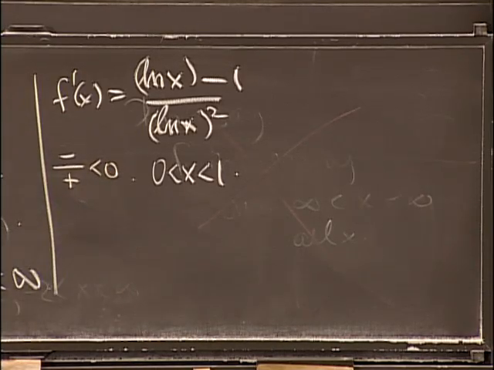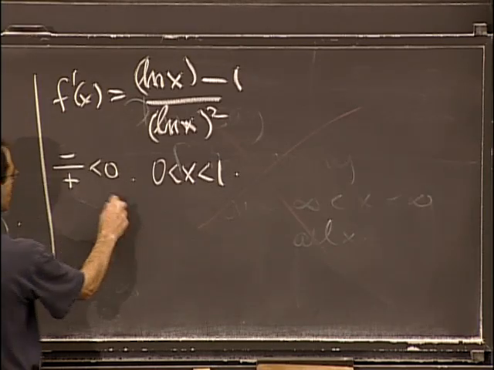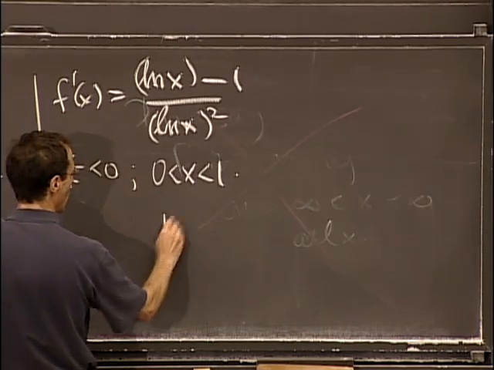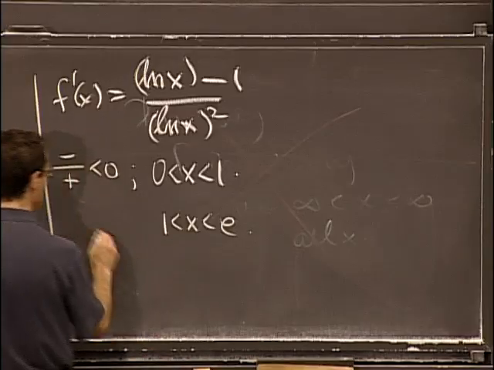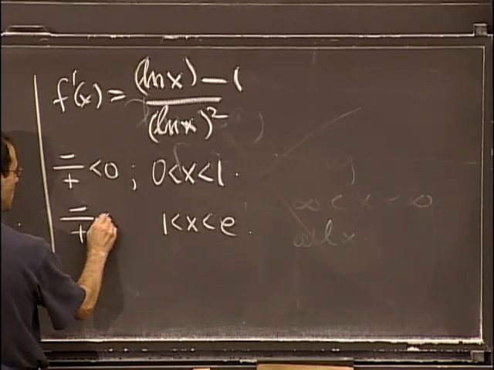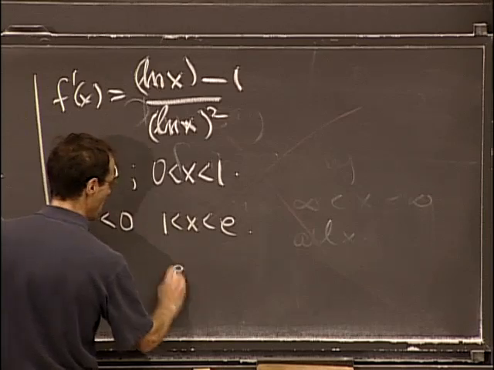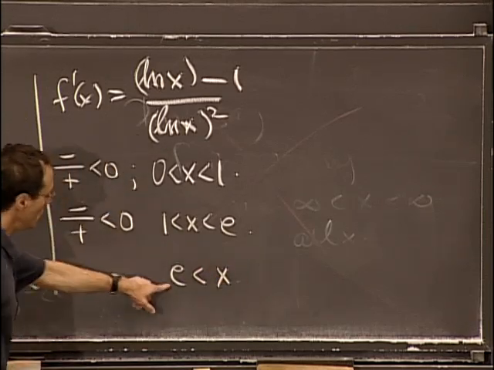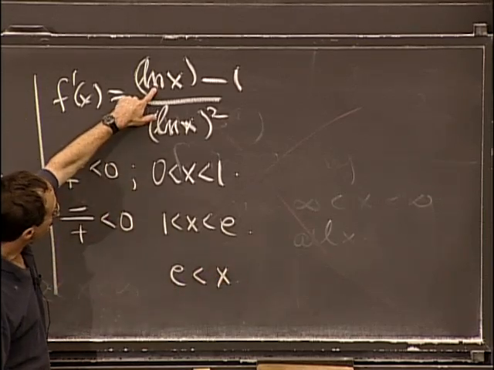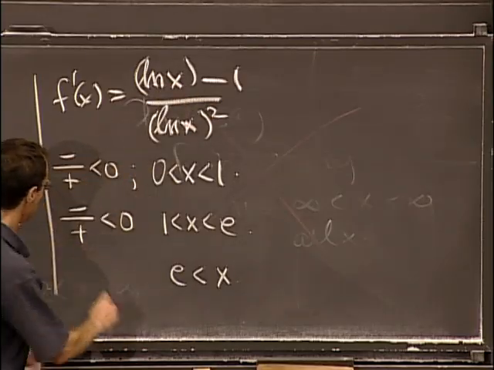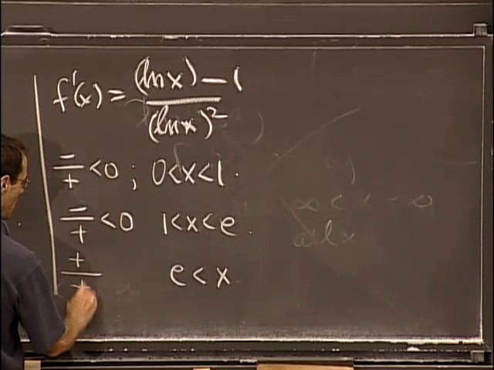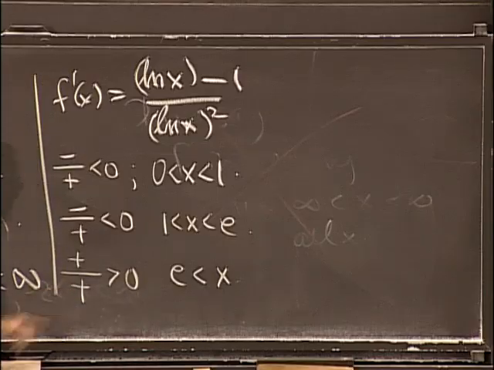That's decreasing. That's good. And in fact, that also works on the next range, 1 less than x less than e. It's negative divided by positive. And the only reason why we skipped 1 again is that it's undefined there. There's something dramatic happening there. And then at the last range, when x is bigger than e, that means the logarithm is already bigger than 1, so the numerator is now positive, and the denominator is still positive, so it's increasing.